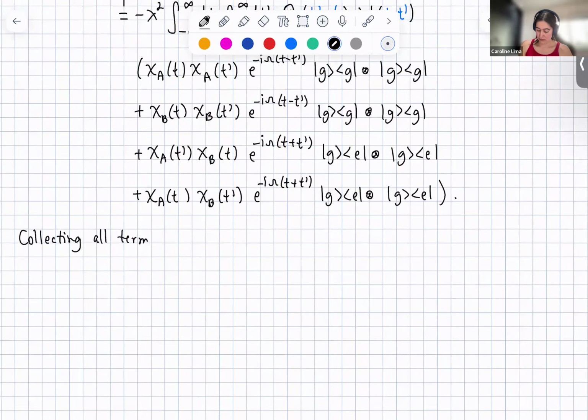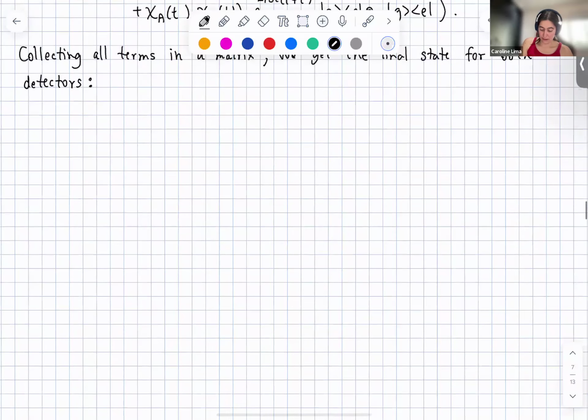And then if you collect all terms in a matrix, we get the final state for both detectors. So what would this be? This matrix should be rho final of the detectors A and B. This is going to give us 1 minus L AA minus L BB.